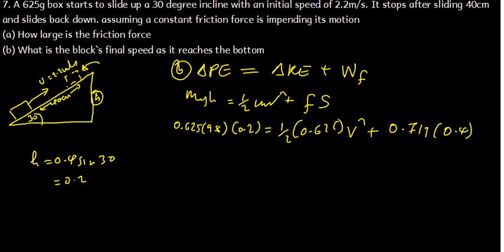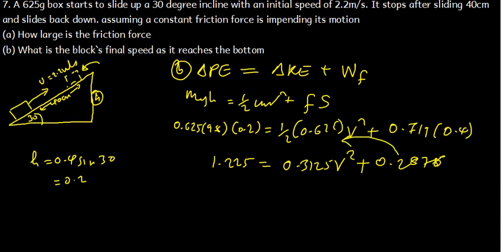So what is this going to give us? On the first one, 0.625 multiplied by 9.8 multiplied by 0.2 gives 1.225, and that will be equal to, if we take this portion, 0.625 divided by 2, that is 0.3125 v squared, and then plus 0.719 multiplied by 0.4, which is 0.2876. So I can take this one to the other side so that it becomes negative.